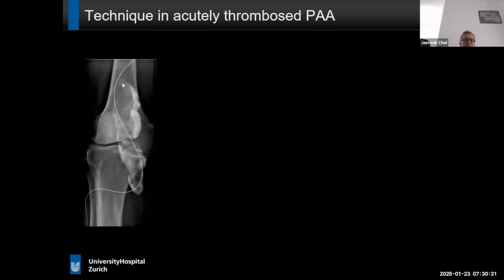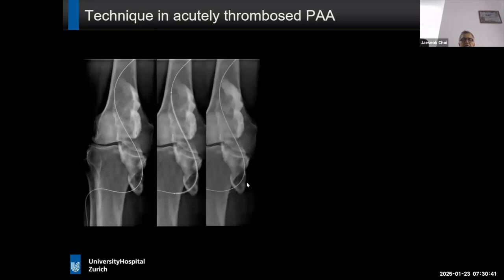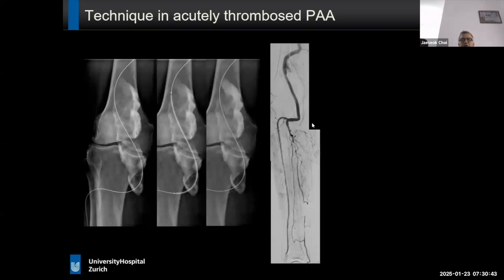That's the aneurysm here. We advanced here the stent graft and deliver it here, and then angiograph, and then sometimes we do some suction thrombectomy. It's obviously not that easy in that elongated artery, but it's quite a good angiographic result here.